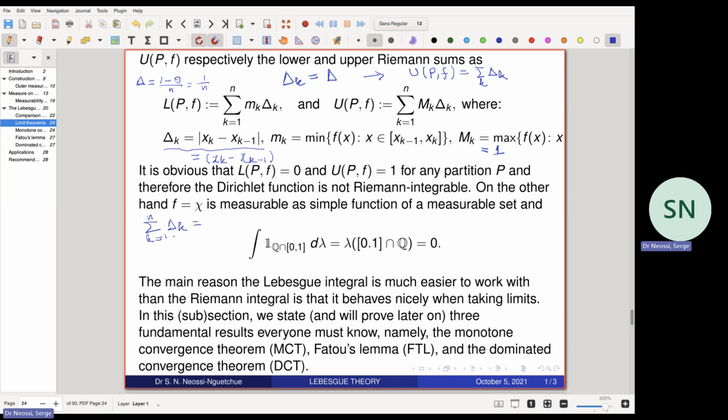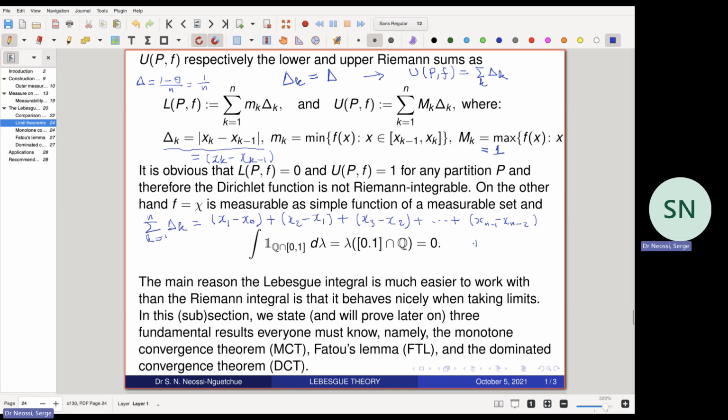So when k is equal to 1, we get x1 minus x0, plus, now when k is 2, delta 2 will be x2 minus x1, plus the next one will be x3 minus x2, and so forth, up to the second last delta, which is delta n minus 1, so this will be x_{n-1} minus x_{n-2}.